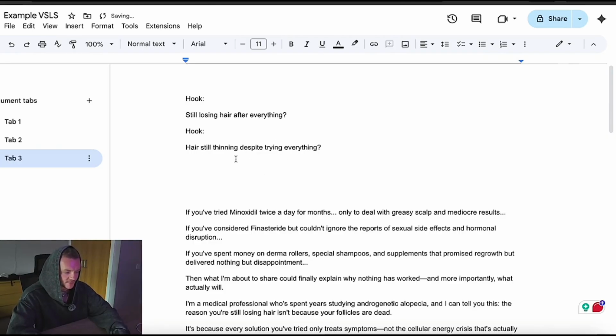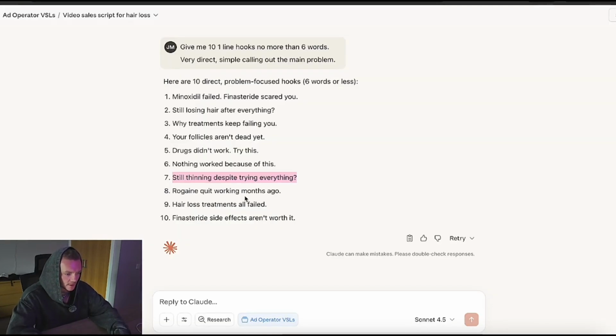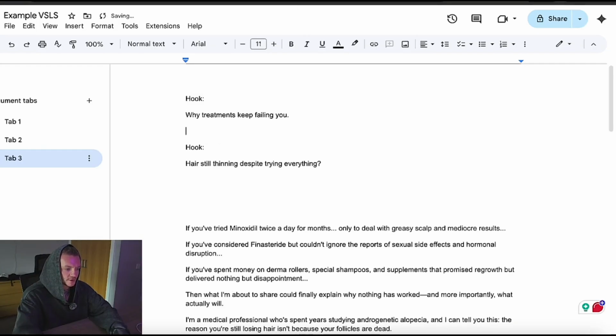Hair still thinning despite trying everything, still losing hair after trying everything. Those two are a bit similar, I don't like that. Why do hair loss treatments never work?